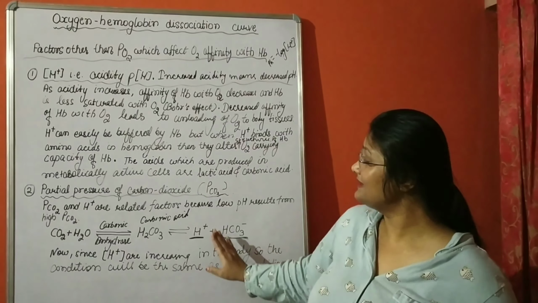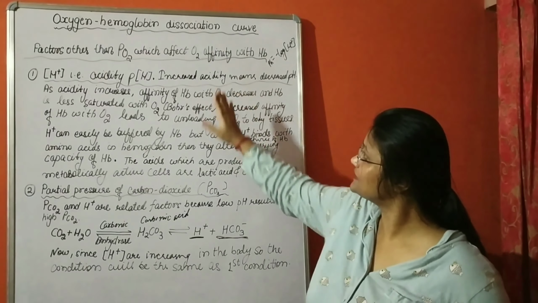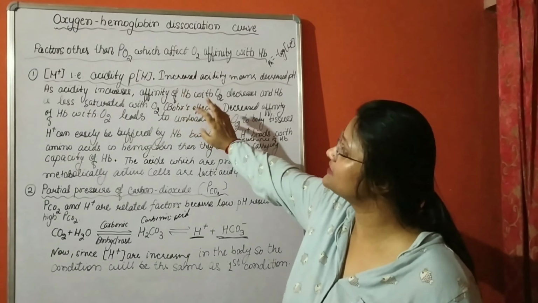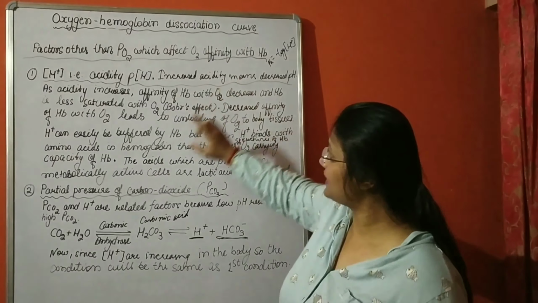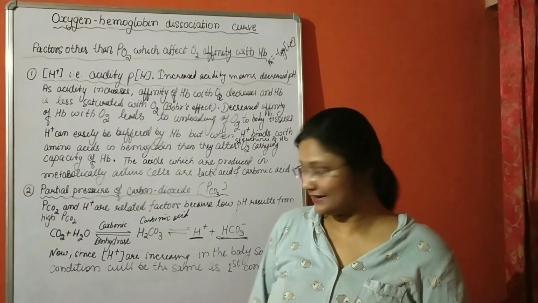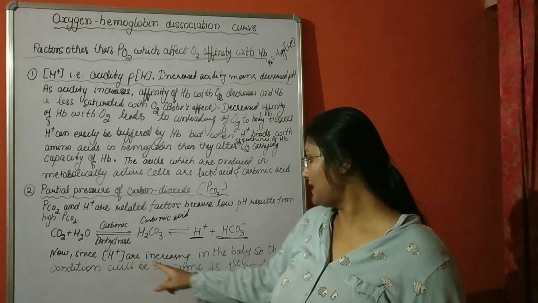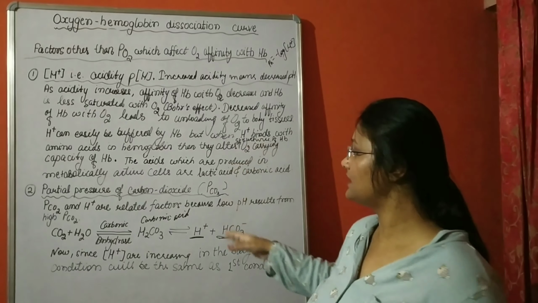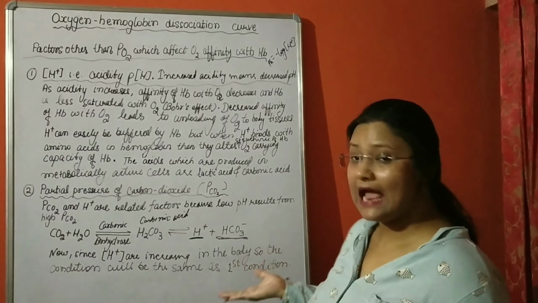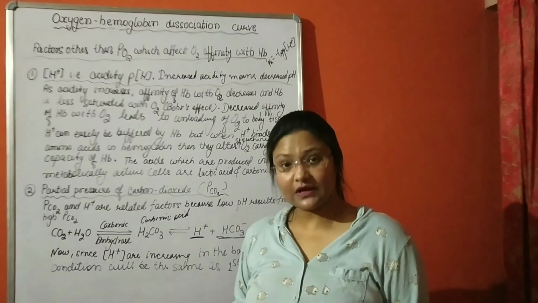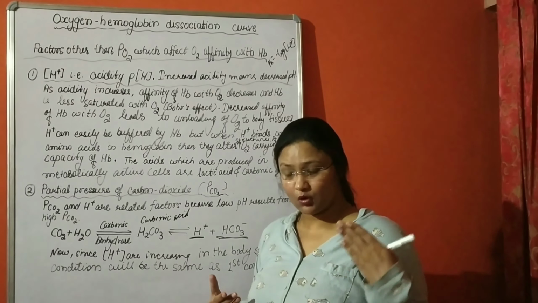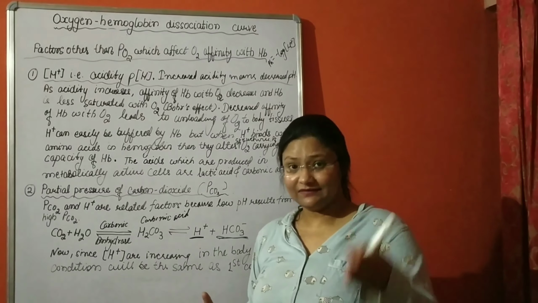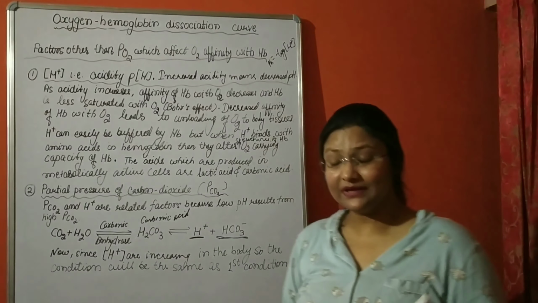So when it dissociates into H plus, that means it will increase H plus ion concentration. And an increase in H plus ion concentration will create the same kind of scenario, the same condition which condition 1 is creating. H plus will increase and they will bind to the amino acids of hemoglobin, which will alter the structure of hemoglobin, and they will decrease the affinity of hemoglobin with oxygen.